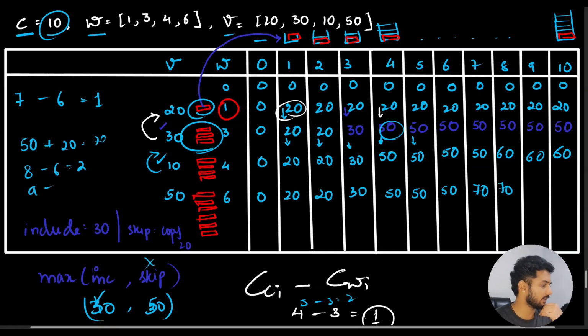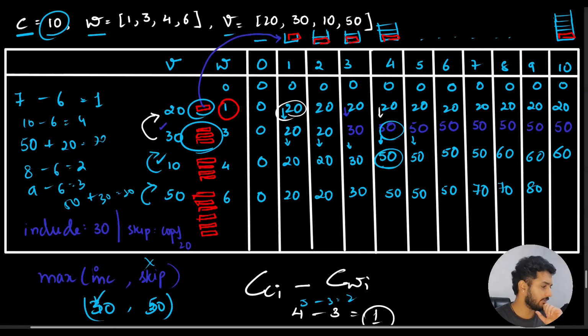And now the capacity is 9. 9 minus 6 is 3, and from 3 we'll be getting 50 plus 30, which is nothing but 80. So on comparing 60 and 80, 80 is maximum, and if the capacity is 10 and this is 6, we'll be getting 4, and from 4 what we'll be getting is 50 from the previous row's fourth column, fourth cell.